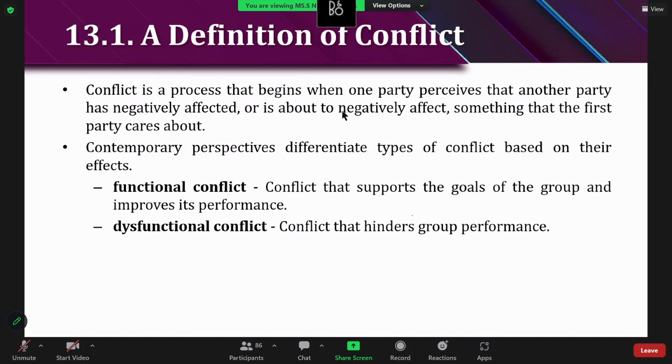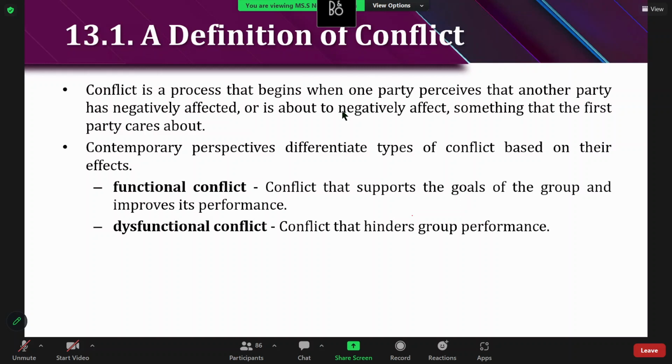But when this conflict arises, or when someone else disagrees with the solution suggested by the first person, there will be an argument, and at the end of the argument, they will identify the best possible solution for that particular problem. So in such cases, obviously, it improves the performance of the organization, or it's a beneficial outcome to the organization. So that is what functional conflict does.